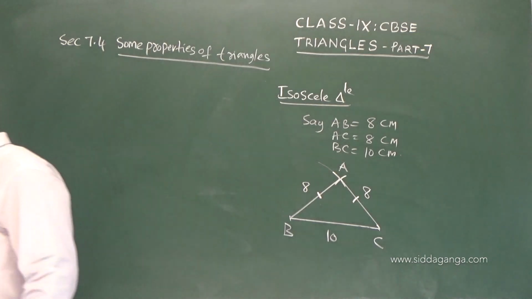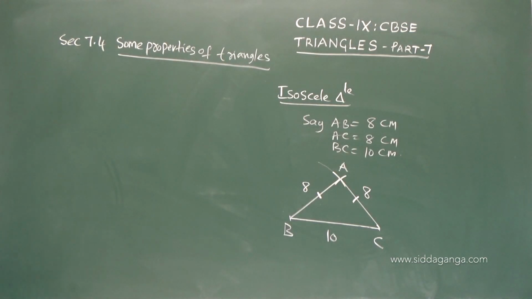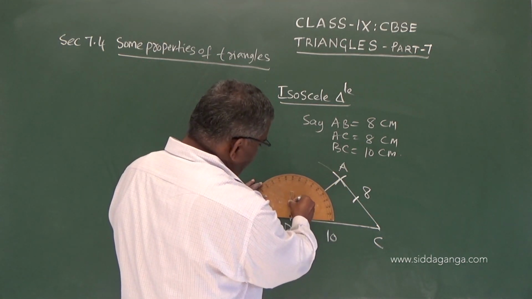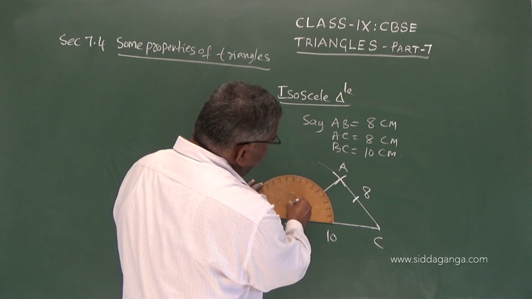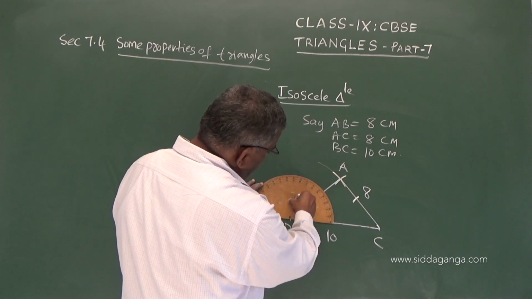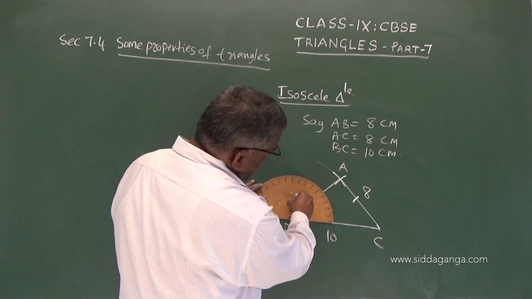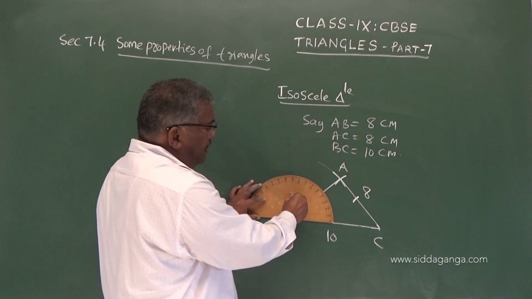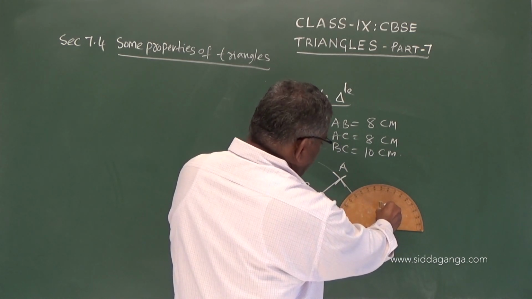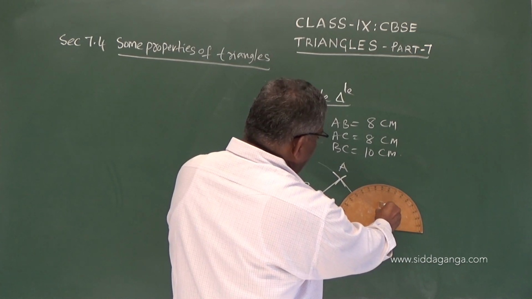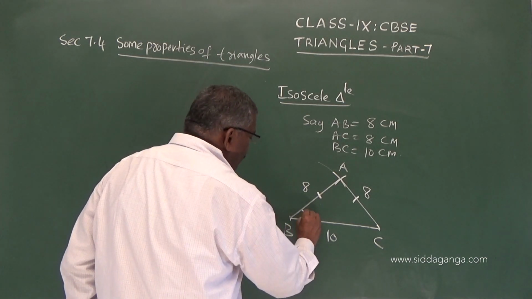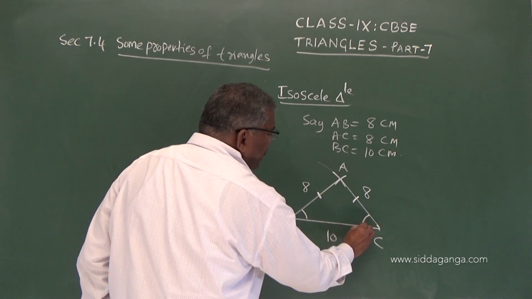Now the exercise is to measure the angle B, and measure the angle C. If you measure, you will find that these two angles are equal.